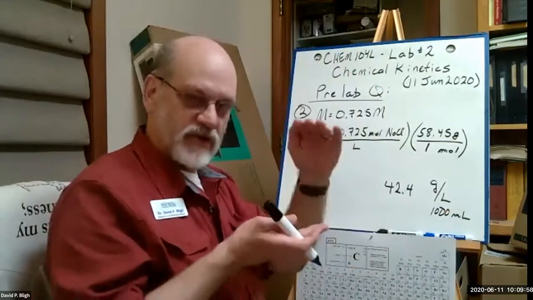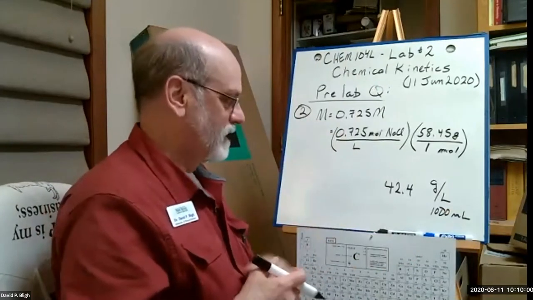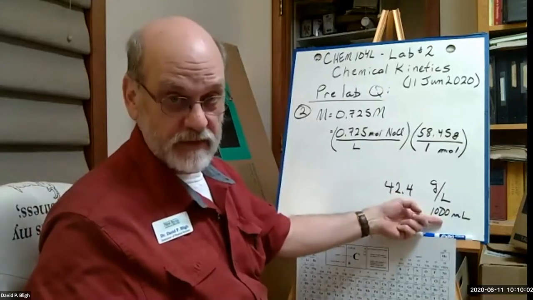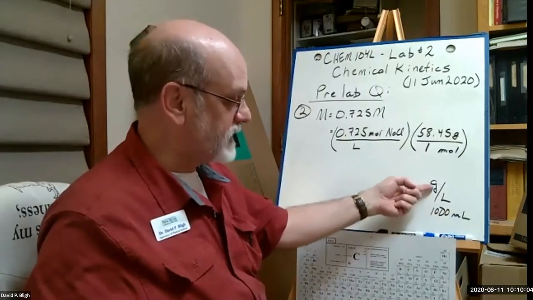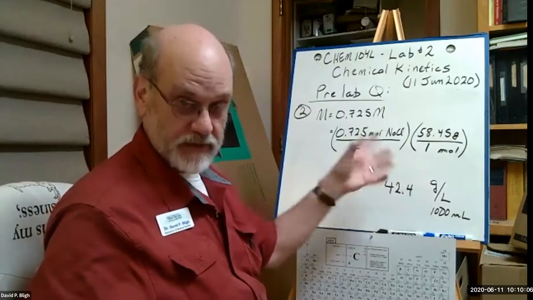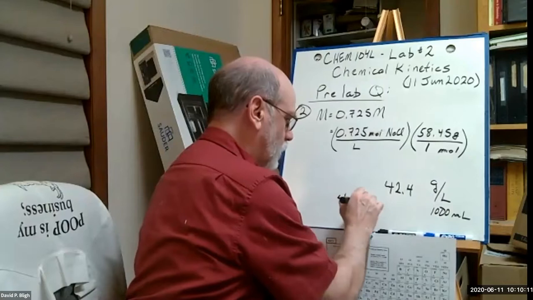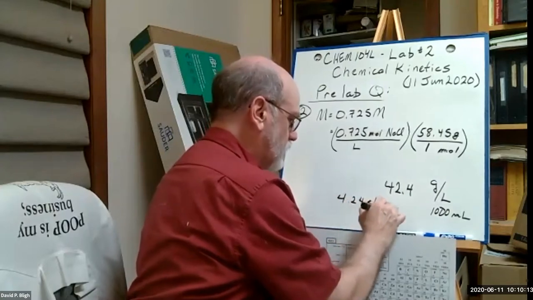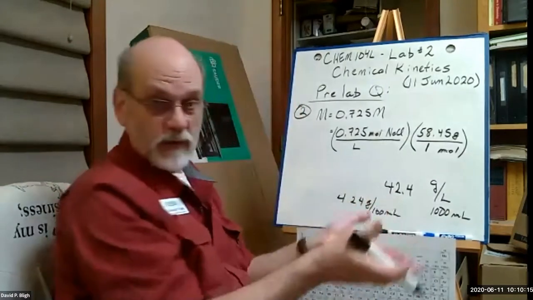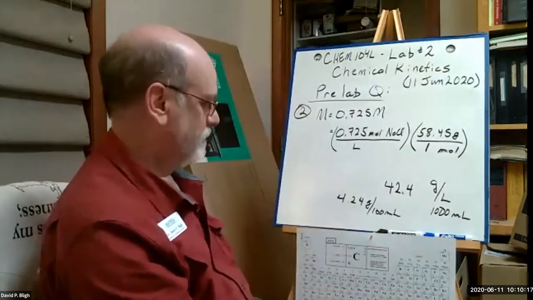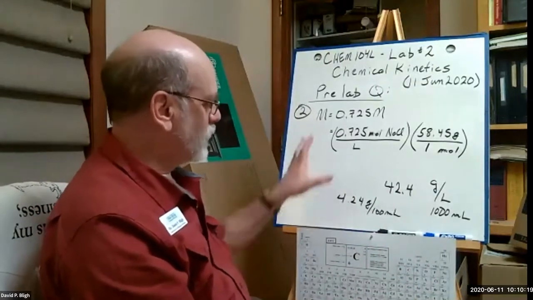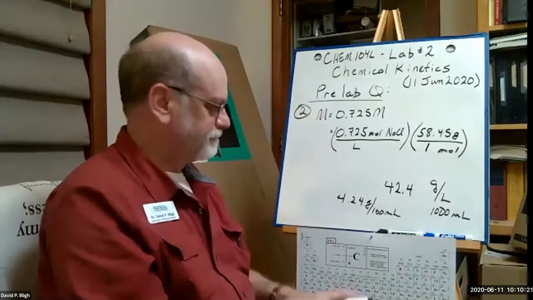Right? So that's a manageable amount. Well, 100 is a tenth of that, isn't it? So we just need a tenth of the mass to be the same ratio. So that would be 4.24 grams per 100 milliliters, diluted with distilled water, of course. And that will give you the proper concentration.